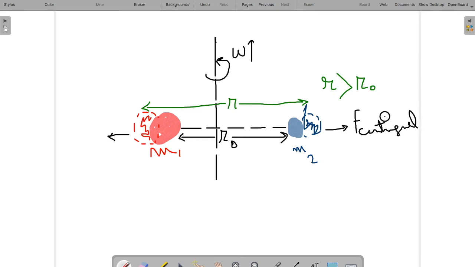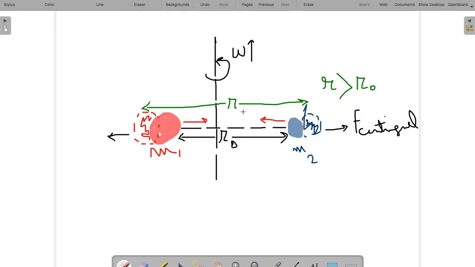But in fact, what makes these two atoms remain in a bond between them is basically a Hooke's law kind of force.